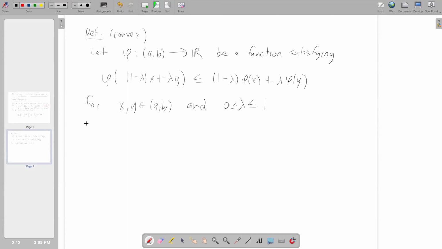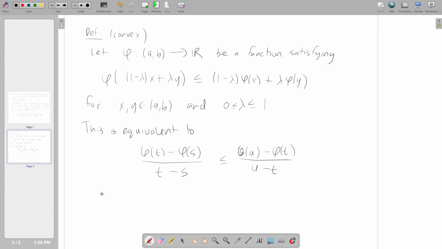This is equivalent to phi t minus phi s over t minus s, so something like a difference quotient, a slope of the secant, is less than or equal to phi of u minus phi of t over u minus t, for a less than s less than t less than u less than b.